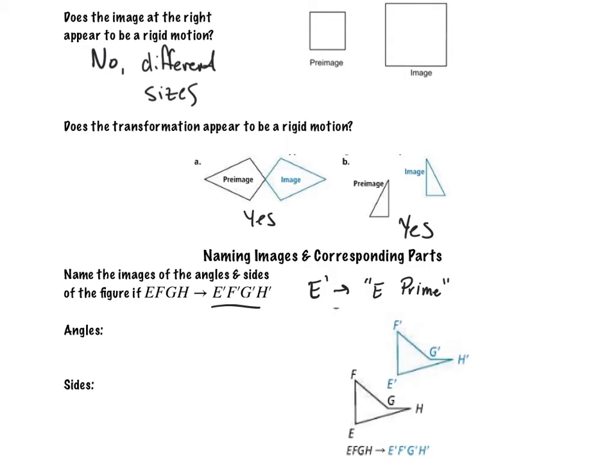So corresponding angles are really easy here. If I said angle E, it corresponds to angle E prime. Same thing with the sides. If I said EF, it's going to correspond to that E prime F prime side. So just know that between the pre-image and the image, those parts are always going to correspond.